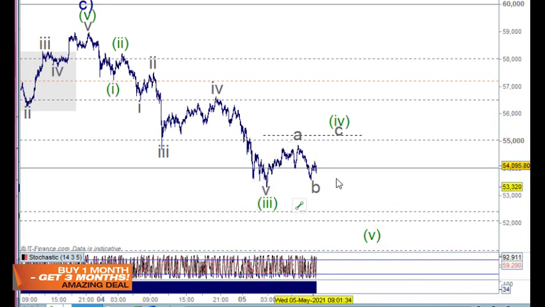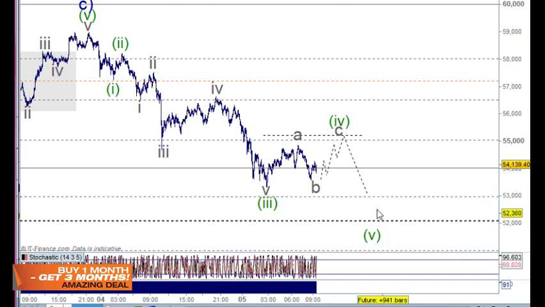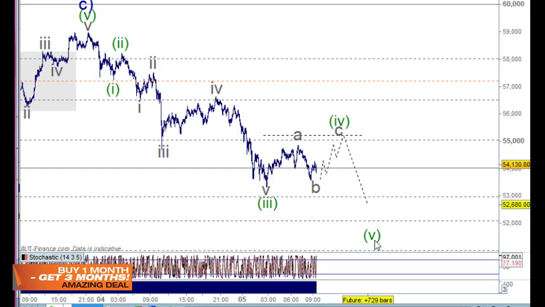The ABC could be done and dusted here, but I thought we might get 1, 2, 3, 4 and 5 up here, and then coming down here. That will probably, 53 is going to give a bounce for sure, which is here. But we should come a bit lower than that for this wave 5 here somewhere.